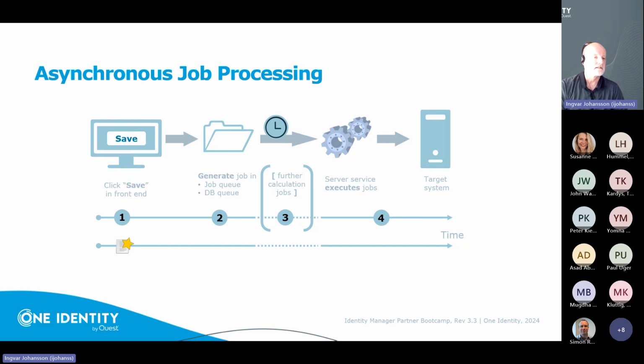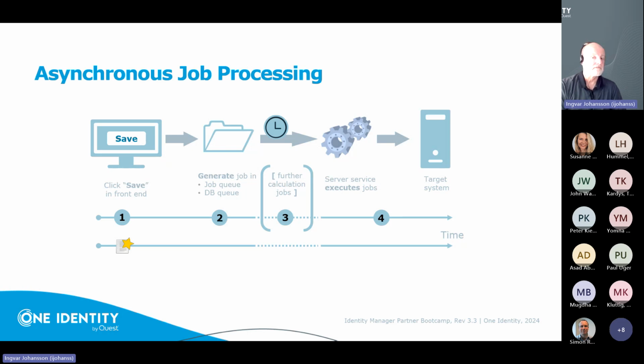There's an internal queue called a DB queue, and then there are queues for every job server that you install. And this can be a bit tricky because you can literally have more than one queue on one physical job server. In this lab, we have two job servers, but they only have one queue each. So it's very simple in that way.